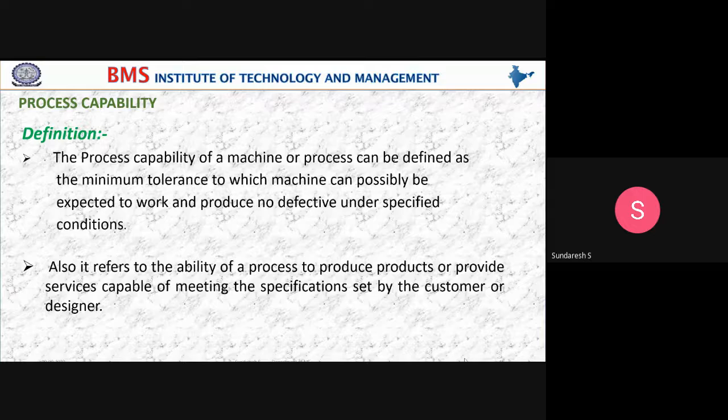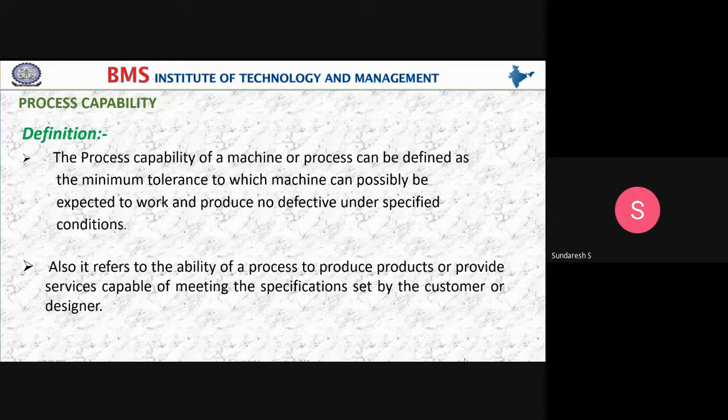Then we will say the process is capable. Put in the appropriate definition form, the process capability of a machine or a process can be defined as the minimum tolerance to which the machine can possibly be expected to work and produce no defective under specified conditions. This is the exact definition of process capability.